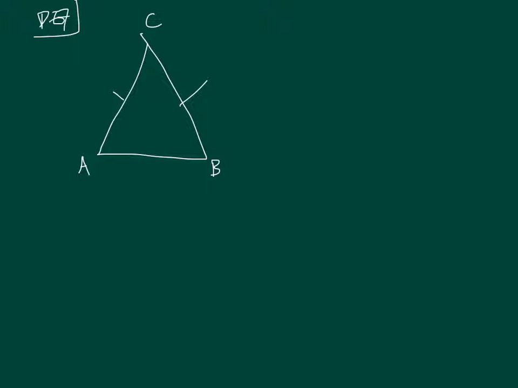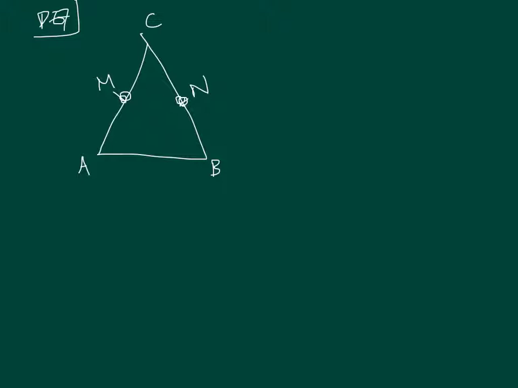Point M is the midpoint of AC, so let's say this is M, and point N is the midpoint of CB.